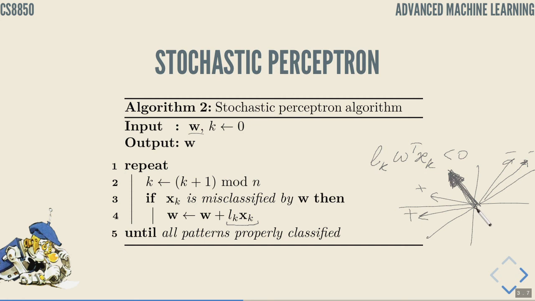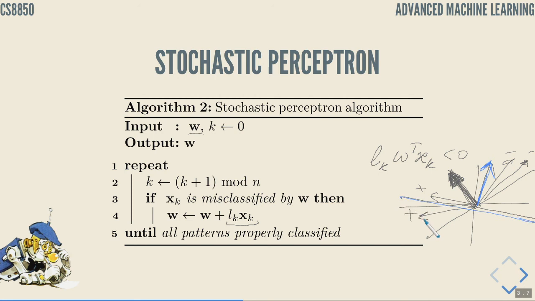Well, we don't have a misclassified sample in this picture, but if there was one, say here, this sample would be misclassified because it's negative. Let me change the color so you can see what I'm talking about.